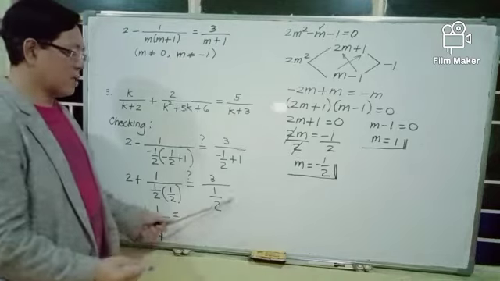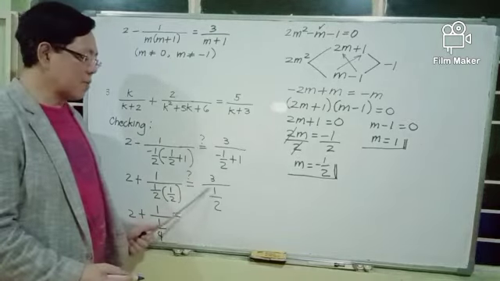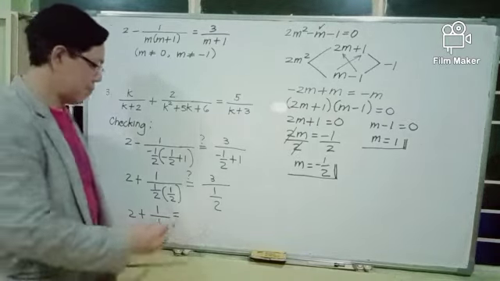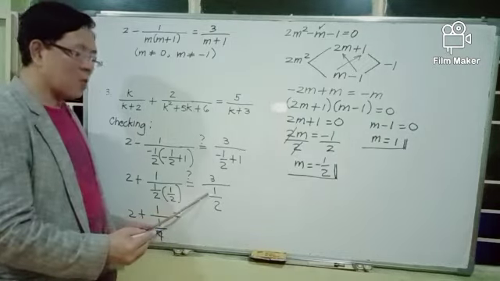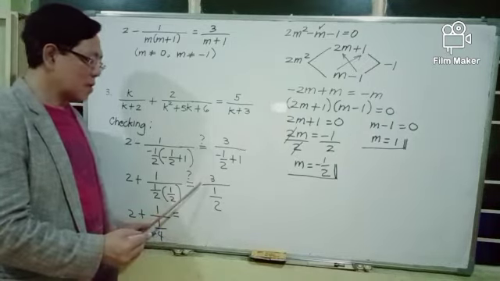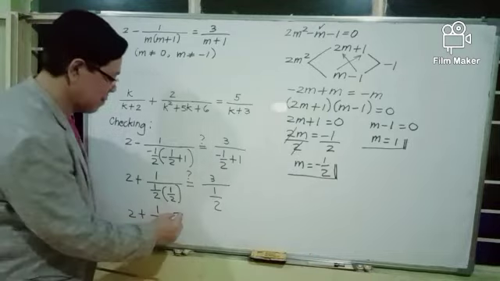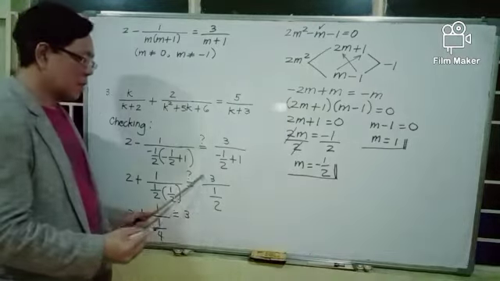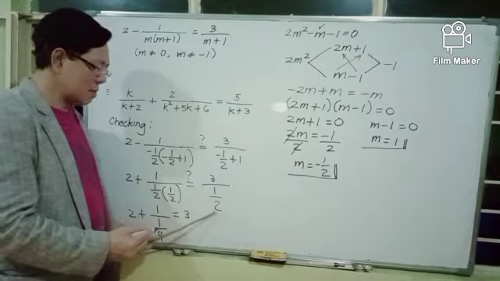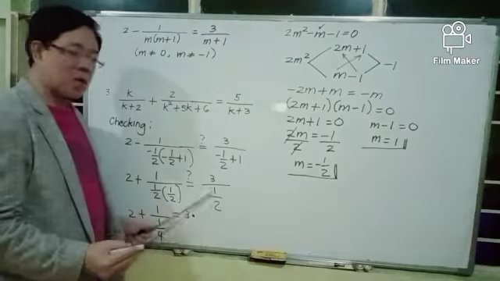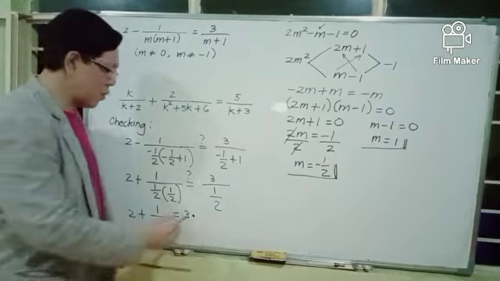Now we simplify this fraction. Multiply 3 by the reciprocal of 1/2. So 3 divided by 1/2 is equal to 3 times the reciprocal of 1/2, which is 2 over 1.